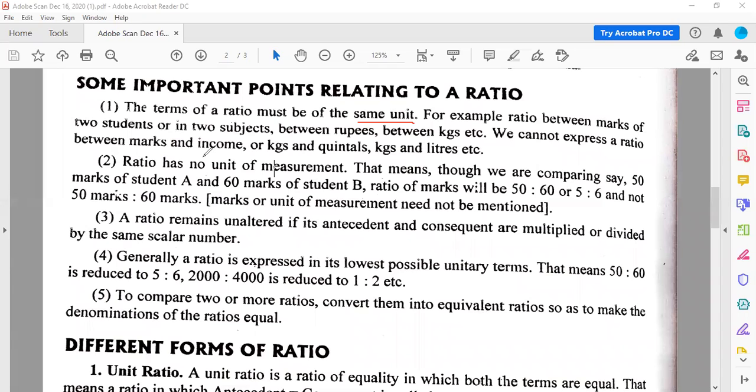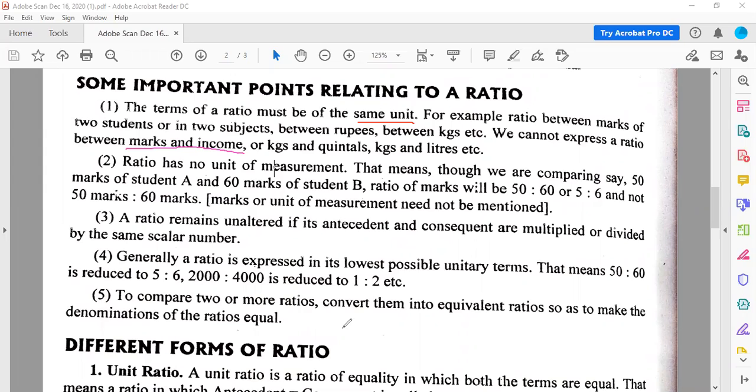So we have to understand, the ratio is between the marks of the student, or between two test marks, but not a haphazard comparison. If I compare the marks of a student and the amount of food the person eats, is there a comparison between those two? Absolutely no. So you have to compare two units of the same form to form a ratio. So that is the first point.